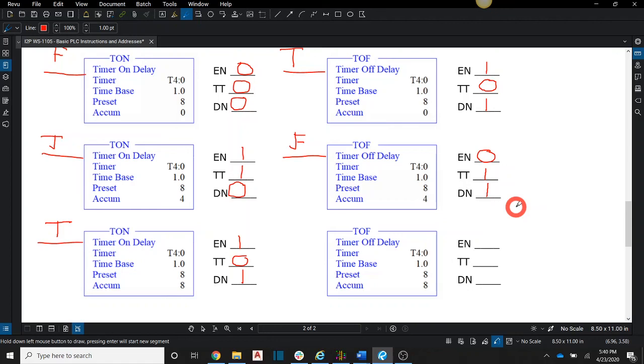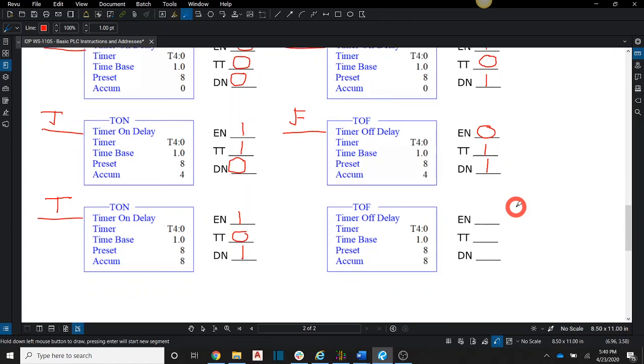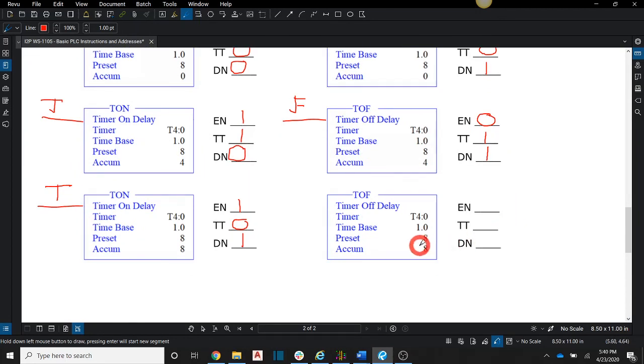We have one more state, and then we'll examine these a little bit closer here at the end. Okay? So now, looking at these two values, we know that we are complete. So if we are complete, that means we must still have a rung that is false, because if it had ever gone true, we would have reset ourselves, and this would have gone to 0.